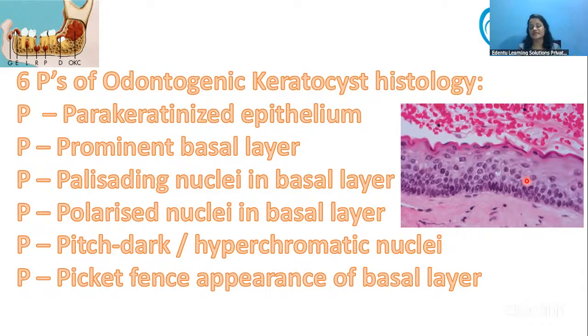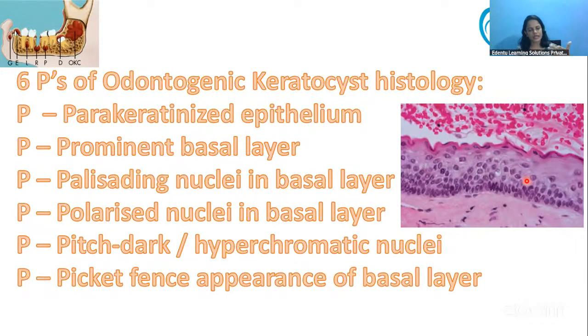So that is called the palisading arrangement of the nuclei in the basal layer.